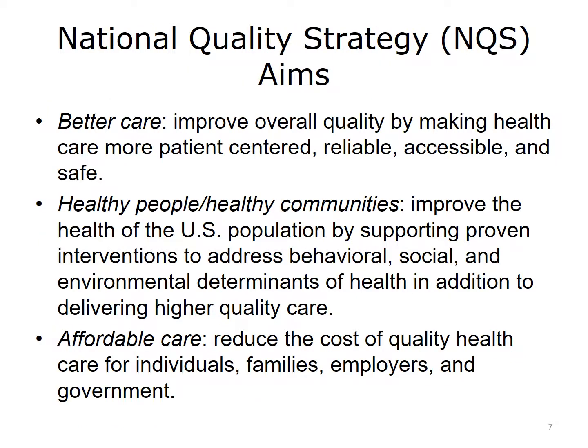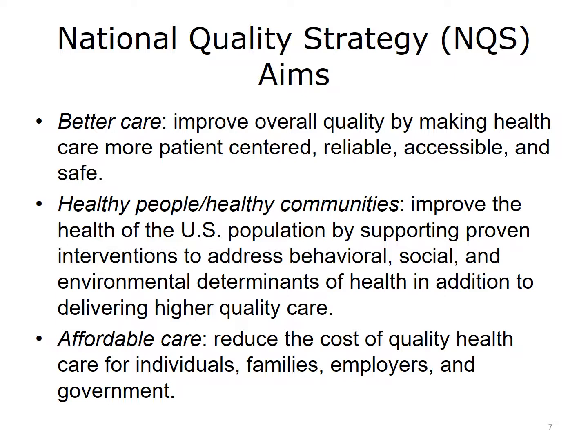Mandated by the Affordable Care Act, the National Quality Strategy, NQS, was developed through a transparent and collaborative process, with input from a range of stakeholders to develop national consensus on priorities for quality measurement and improvement. More than 300 groups, organizations, and individuals representing all sectors of the healthcare industry and the general public provided comments.